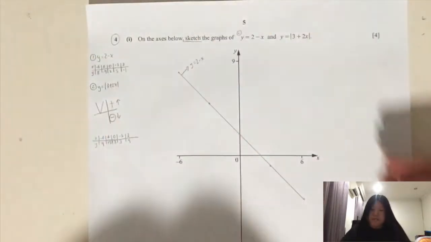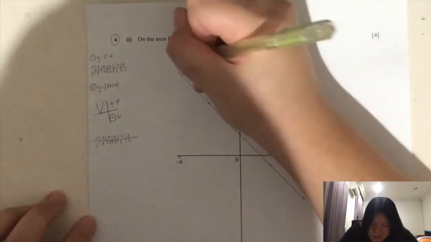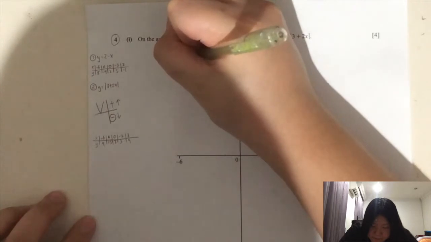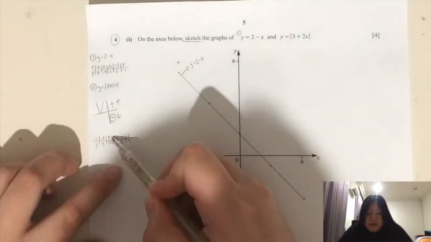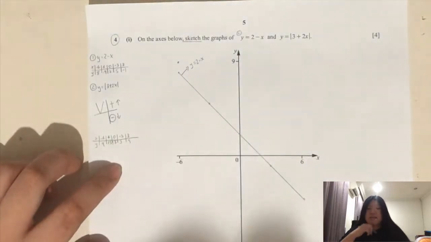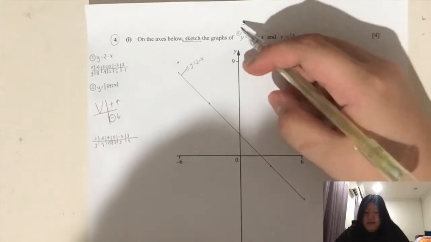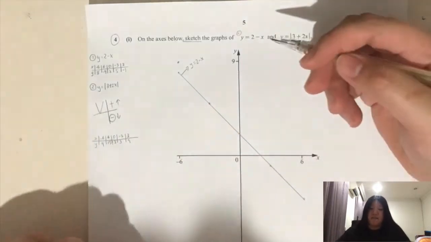Now I will be plotting this on the graph too. -6, 9. As you can see here, for x value of 6, it gives me a y of 15. But since our graph is limited to only the y-axis -9 until 9, we'll just be skipping that value.